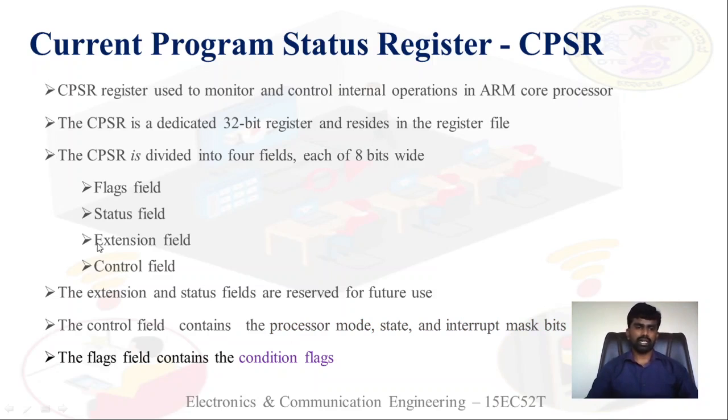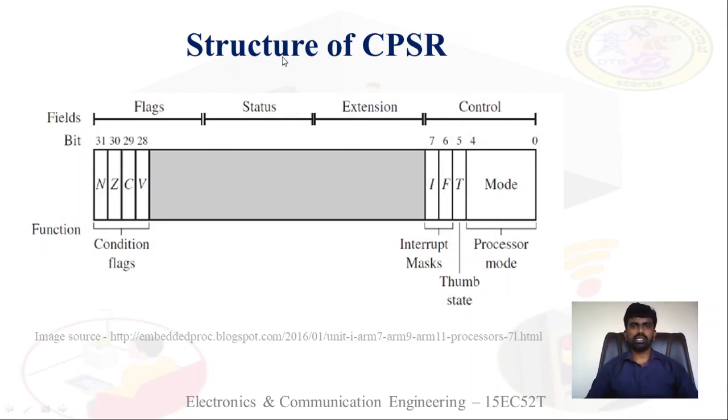Then the flag field. The flag field contains conditional flags. All these fields we will see in the diagram. So this is the bit structure of the current program status register. In total, these are 32-bit registers.